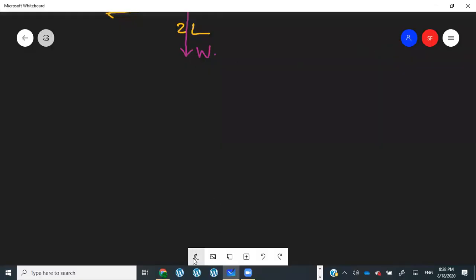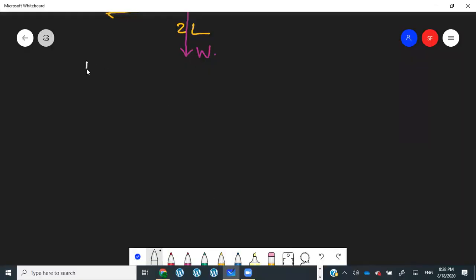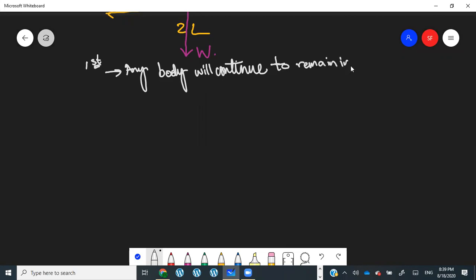Okay, so basically there are three Newton's laws of motion. The first law says that any body will continue to remain in the state of rest or uniform motion in a straight line.